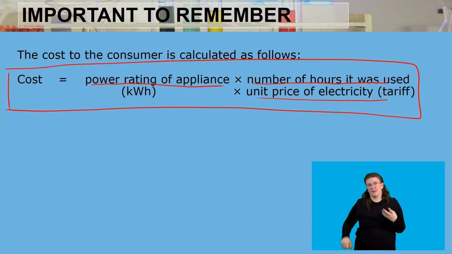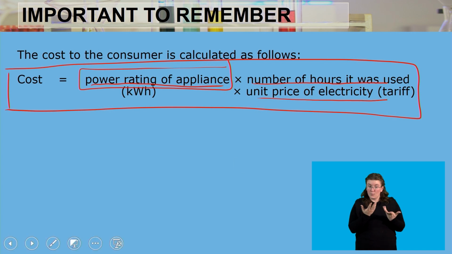So now, using this equation, you can then calculate the cost of electricity knowing the rating of the appliance, which can be read at the back of the appliance itself, and then the tariff, remember, that is determined by the municipality.